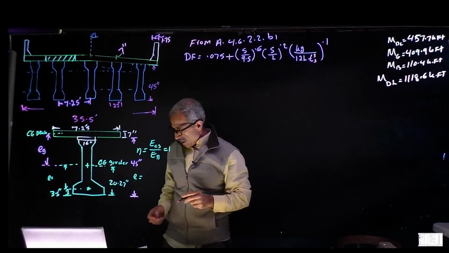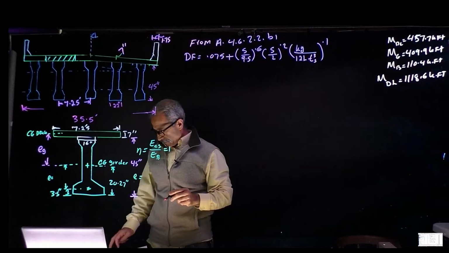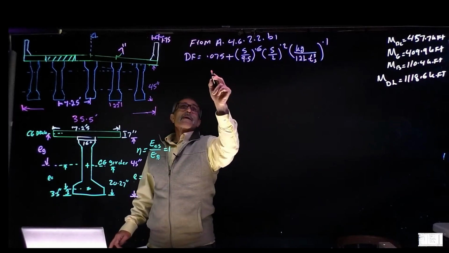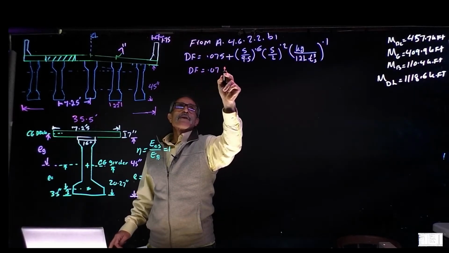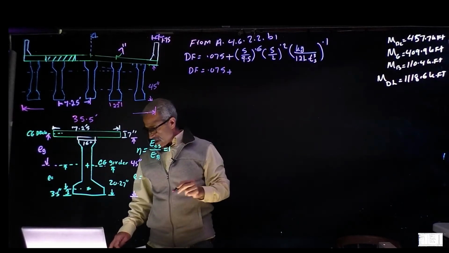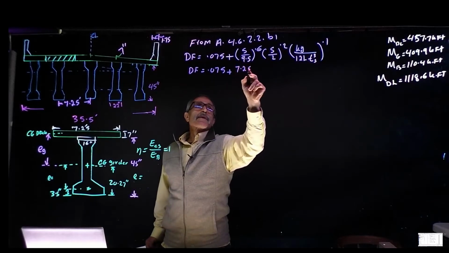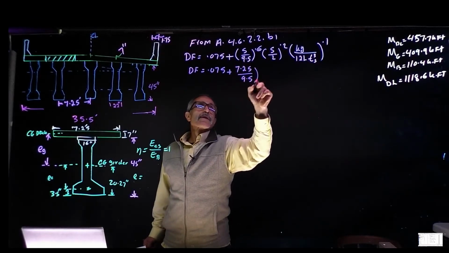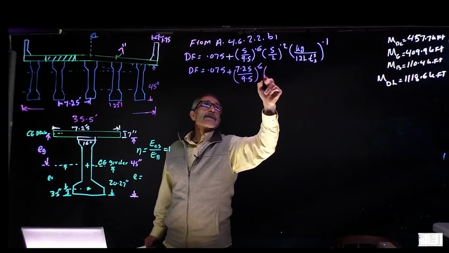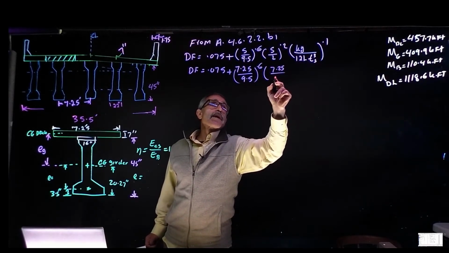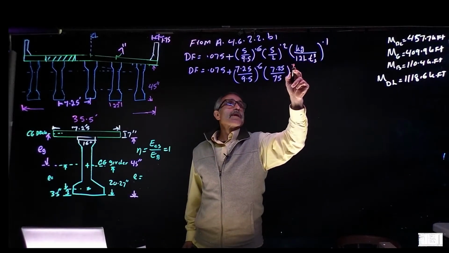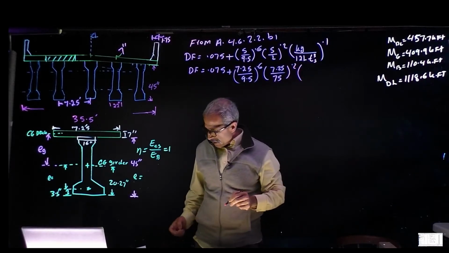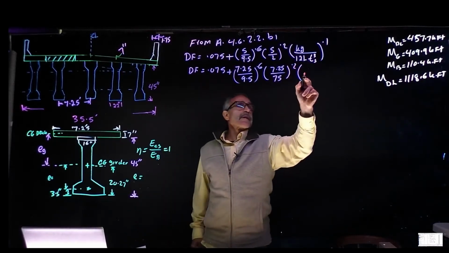So I plug that in. It's going to come out to 0.075 plus our S, which was 7.25, divided by 9.5 to the power 0.6, times 7.25 divided by L, which was 75 feet, to the power 0.2, and then Kg, which came out a big number, what was that? 603,900.